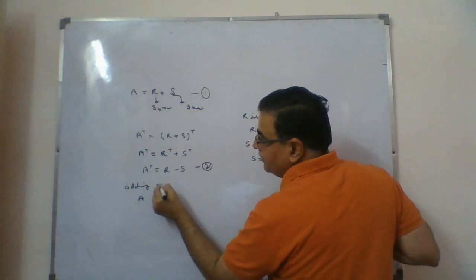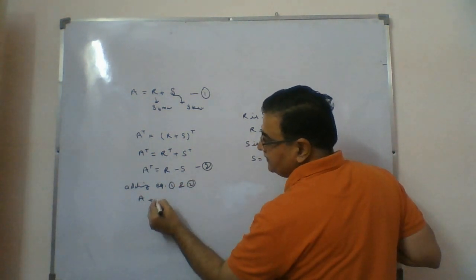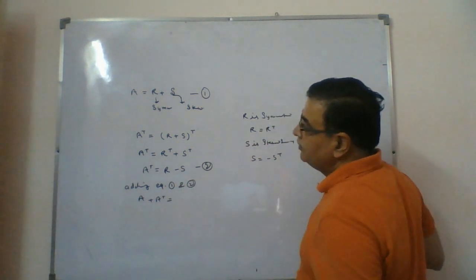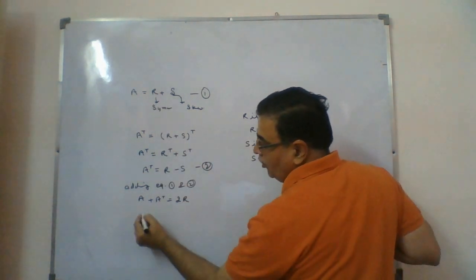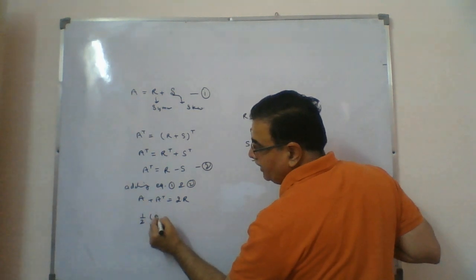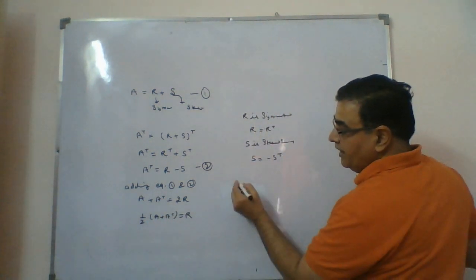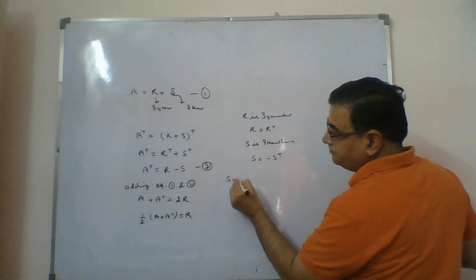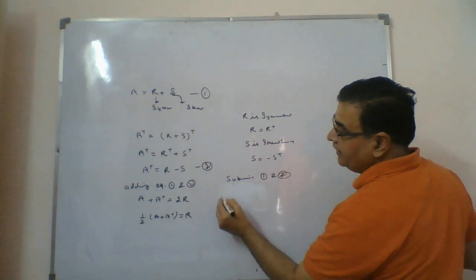Now when you add equation 1 and 2, A plus A transpose will be what? This and this, it will become 2R, or we should say half of A plus A transpose is your R, and subtracting 1 and 2, then what do I get?